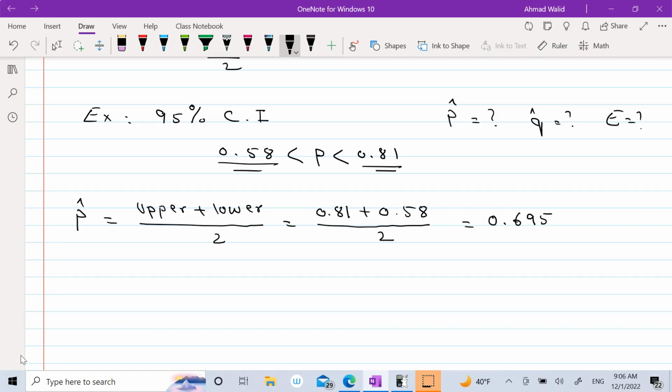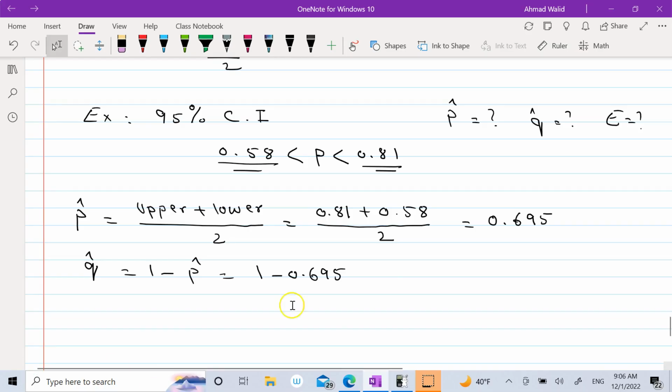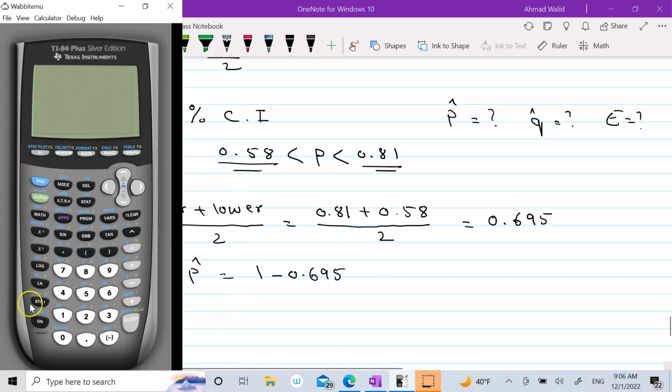To find q hat, q hat equals 1 minus p hat, right? It means 1 minus 0.695. And you can use your calculator to easily find the value. Let's clear first, there is some data.